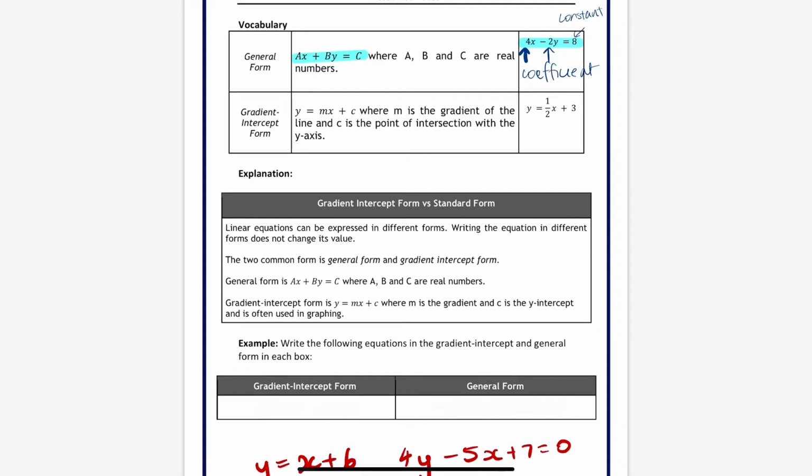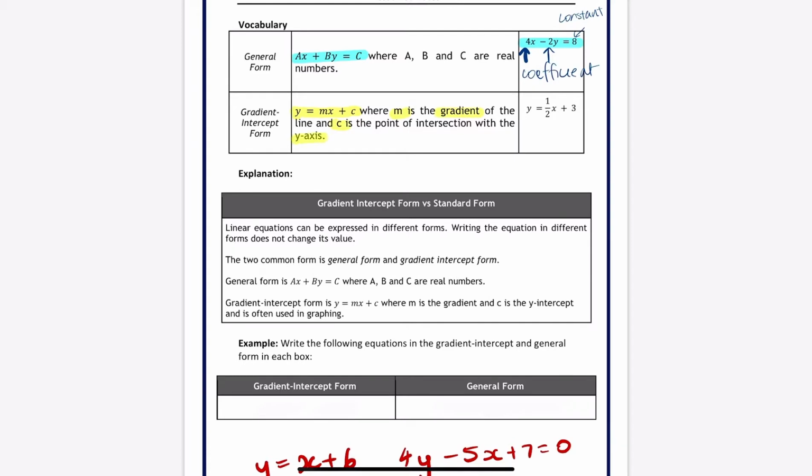When we see that form, we have to convert it into gradient intercept form so that we can find the gradient and the intercept more easily, instead of having to draw it every time. This is your gradient intercept form, which should be very familiar to you: y equals mx plus c, where m is your gradient and c is your y-intercept.